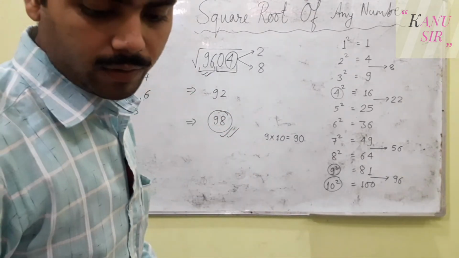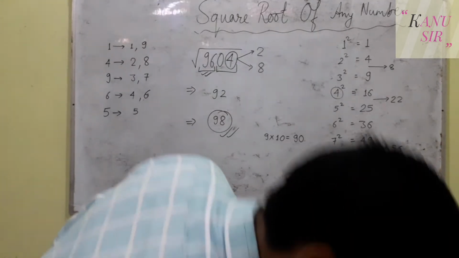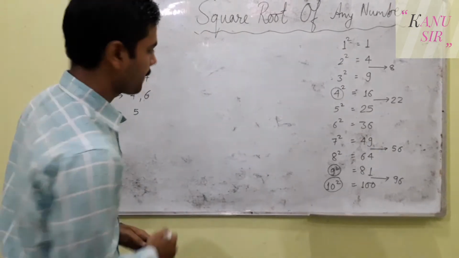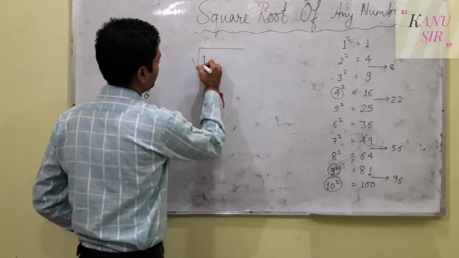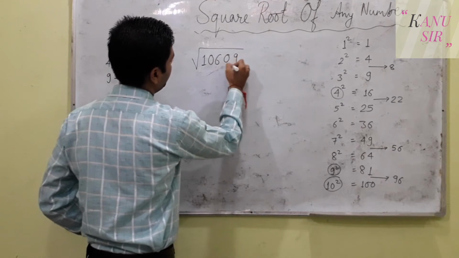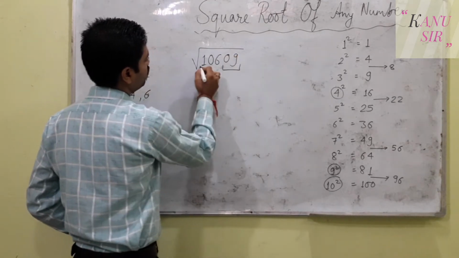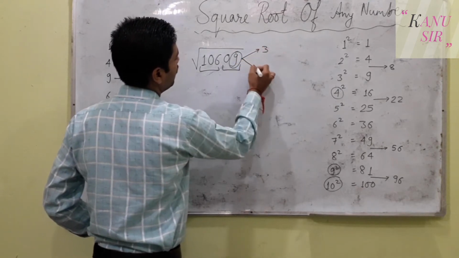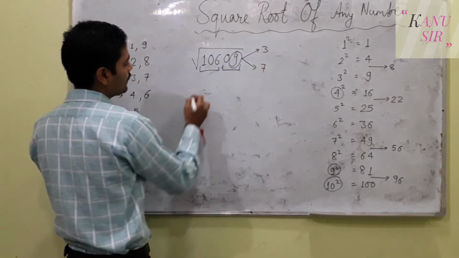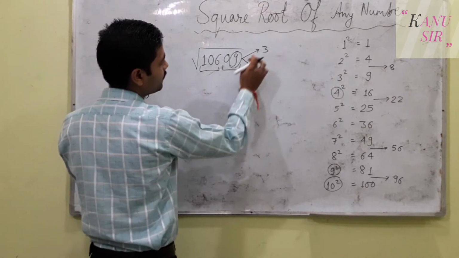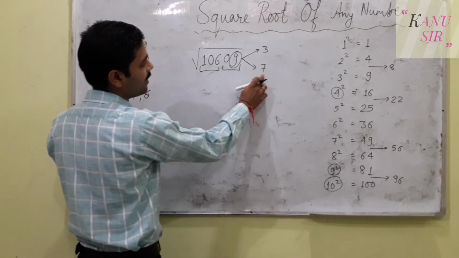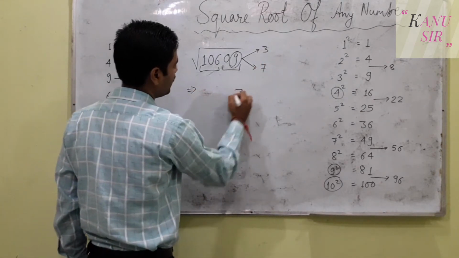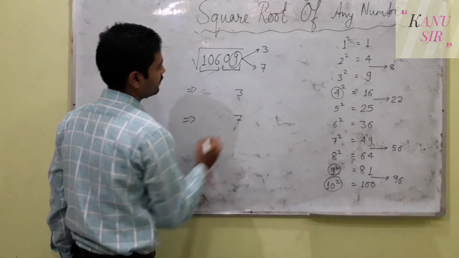Next is the square root of 10,609. Breaking the number into two parts, the 9 is the square of 3 or the square of 7. If you cannot remember, you can check: if you find 3, the next digit will be 7 because 3 plus 7 makes 10. So either the answer contains 3 or it contains 7.